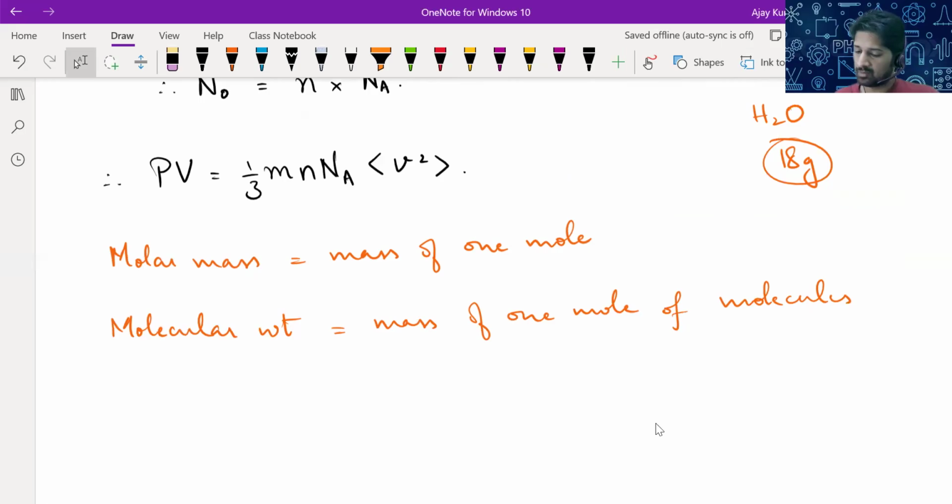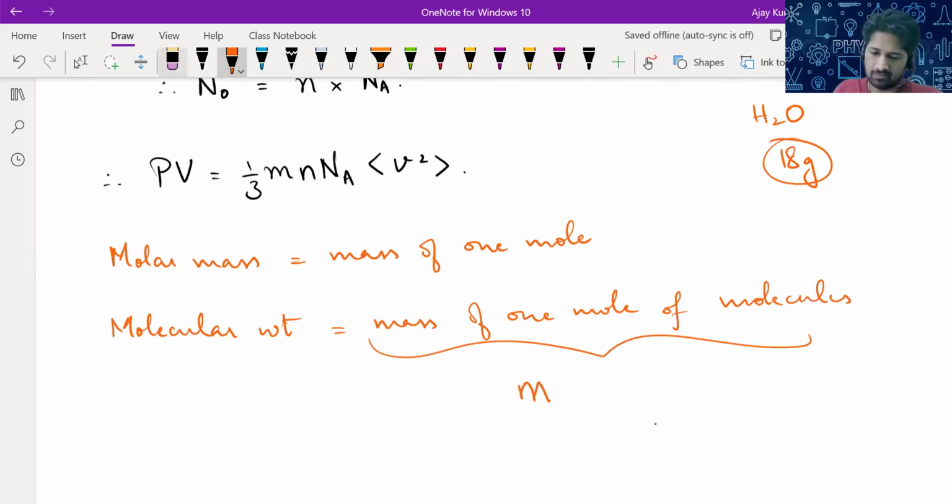How do you get mass of 1 mole? Mass of each molecule is small m. Mass of each molecule multiplied with Avogadro number gives you the mass of 1 mole, which is molecular weight. So small m, mass of each molecule multiplied with Avogadro number put together becomes capital M. What is capital M?